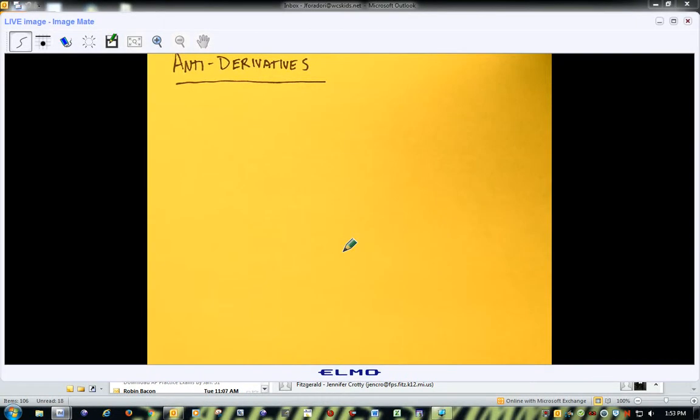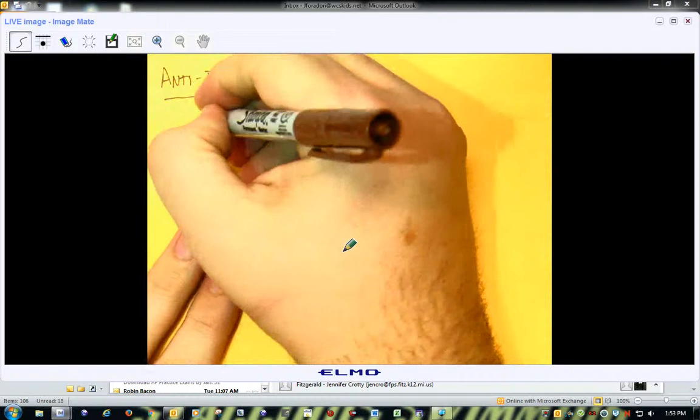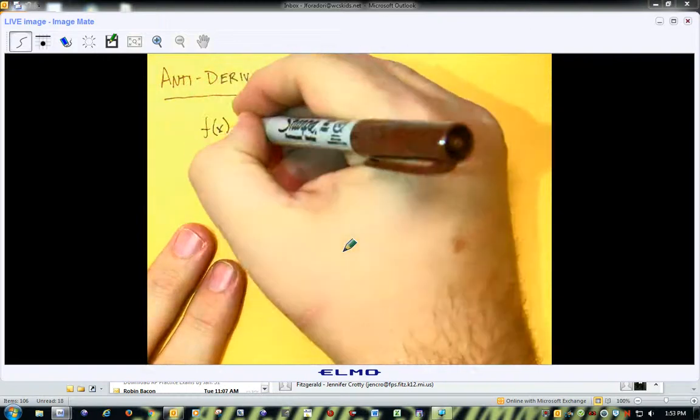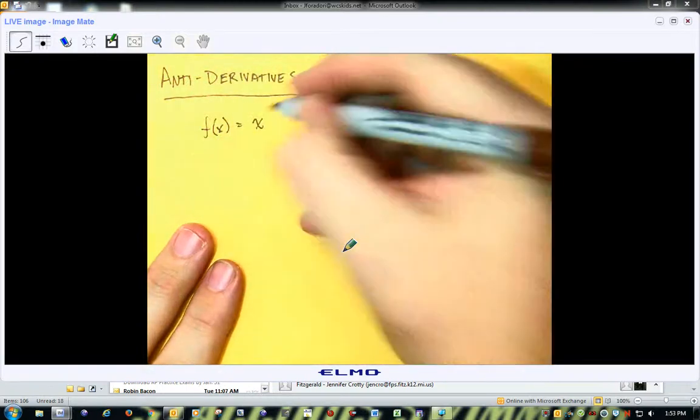Now we're getting into antiderivatives. And before we even think about what an antiderivative actually is, let's just talk about some big picture items for this. Now, the crux of this question is this. Let's say f of x is equal to x.